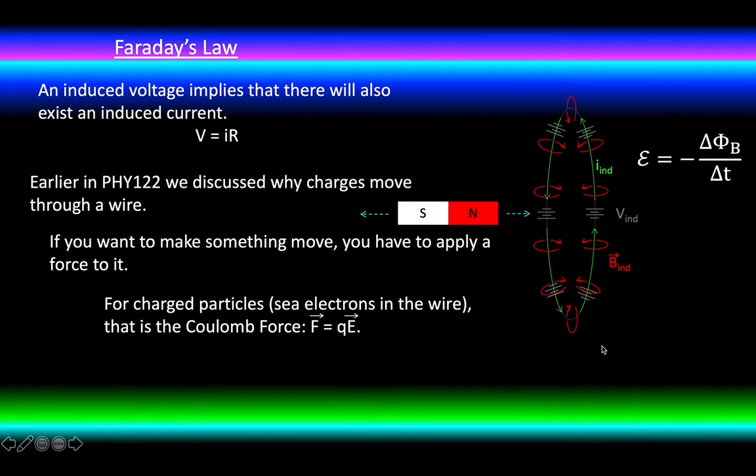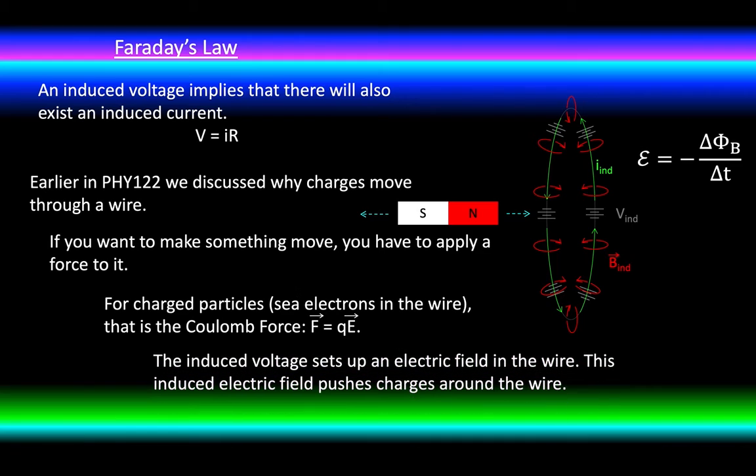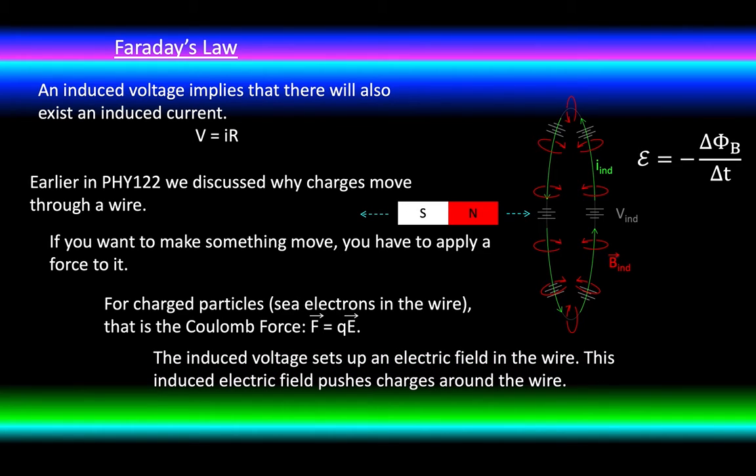So on average, the direction that the charges are going to move is going to be in the same direction as the electric field we set up in that wire. So we could also just as well say that the changing magnetic flux will set up an induced electric field in the wire, and the charges will move in the direction of that induced electric field. So we also have an electric field flowing around this wire as the current being induced is flowing around that wire as well.